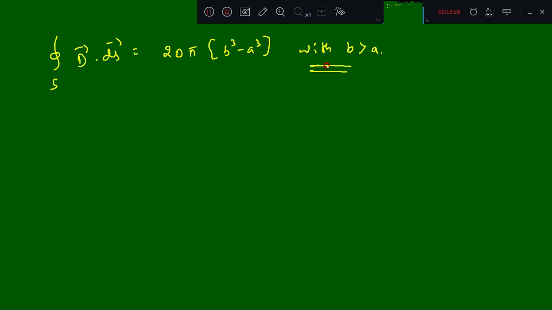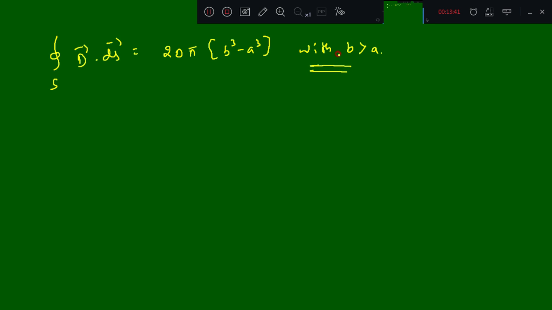The total integral of D dot dS is the subtraction between b and a. So it is 20 pi (b cube minus a cube), with b greater than a. So this is the value I got.